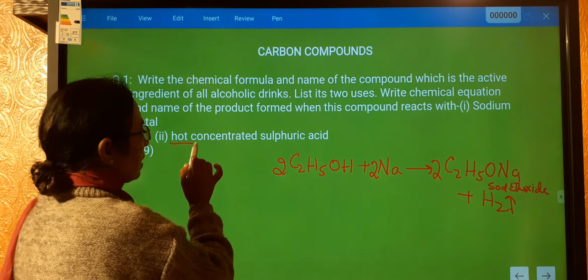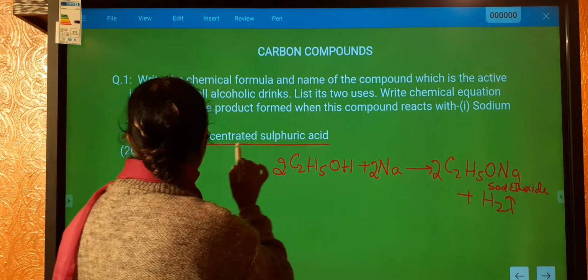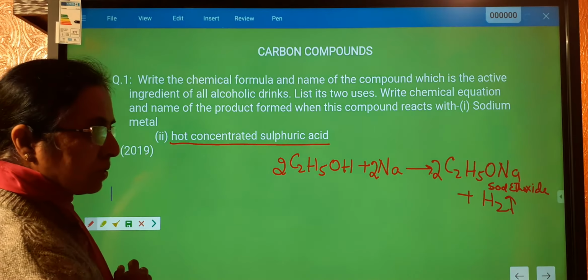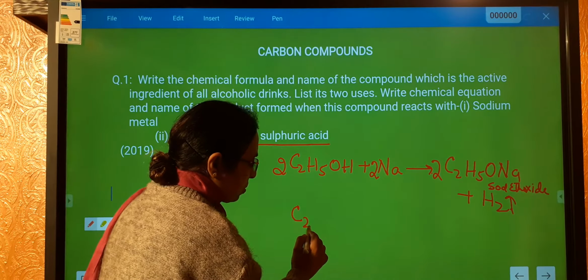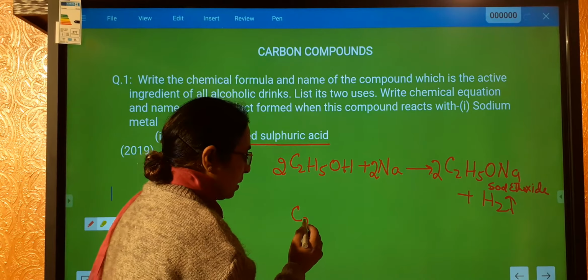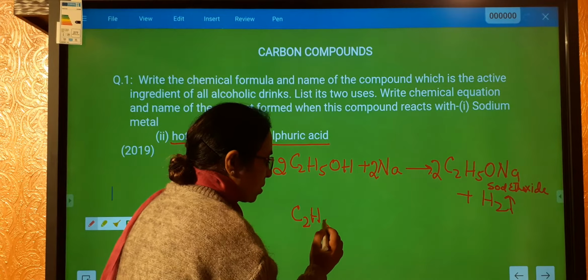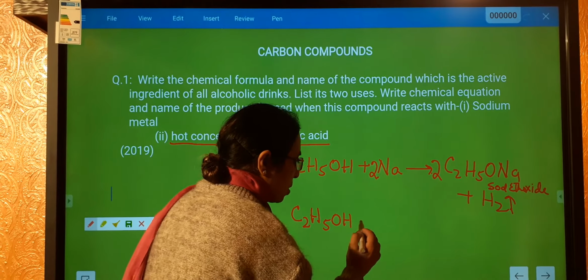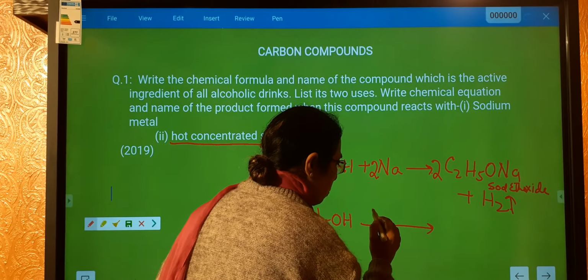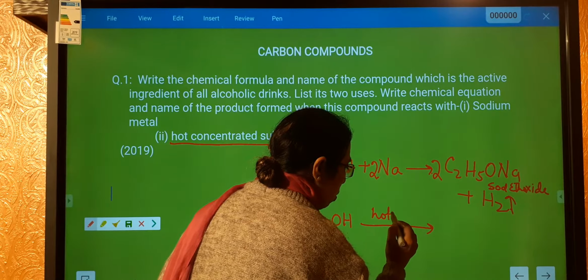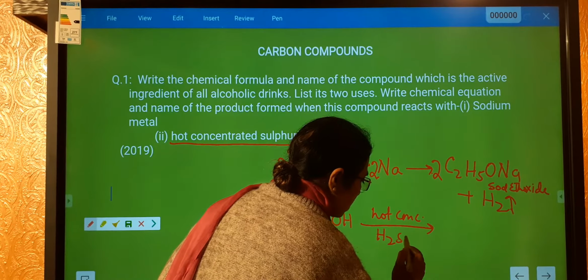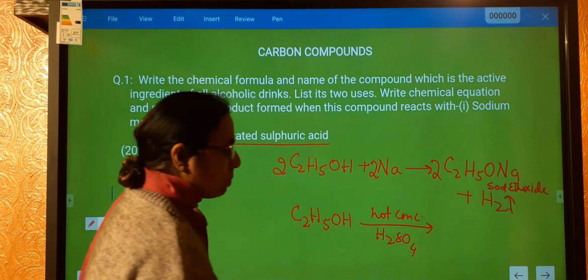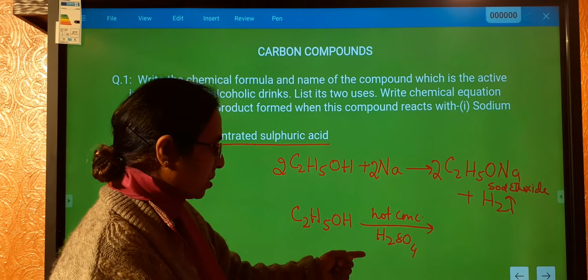This was the first part. Now the second part, let us see hot concentrated sulfuric acid. This is again a very important reaction and it is asked many times. When C2H5OH is passed through hot concentrated sulfuric acid, the sulfuric acid behaves as a dehydrating agent.